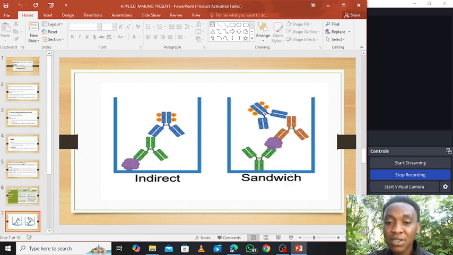When the primary antibody is conjugated with an enzyme, it is called direct sandwich ELISA. When a second antibody is applied which is conjugated with an enzyme, it is indirect sandwich ELISA.